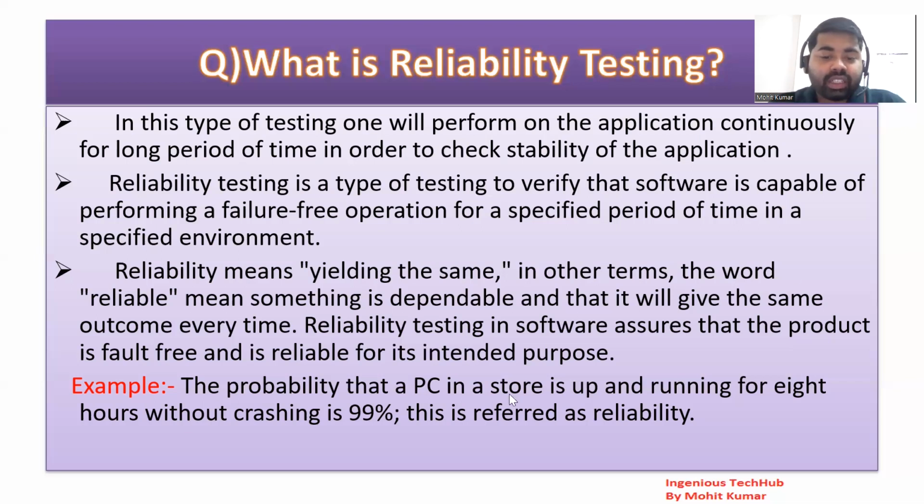I have mentioned it this way, and you can define it in your own way, but we have to understand the concept. For example, the probability that a PC in a store stays up and running for 8 hours without crashing is 90%. This is referred to as reliability testing.